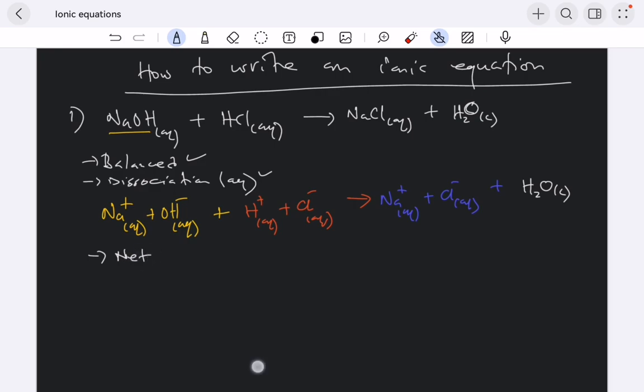Then the second step: this is an ionic equation, but for us to write what we call a net ionic equation, we have to identify what we call spectator ions. These are ions that are appearing on both sides, and then we cancel them. When we look at the equation here, we realize that sodium is appearing on both sides, then chloride is appearing on both sides.